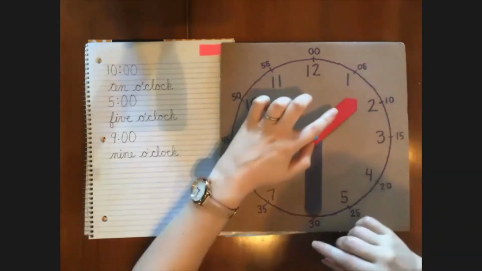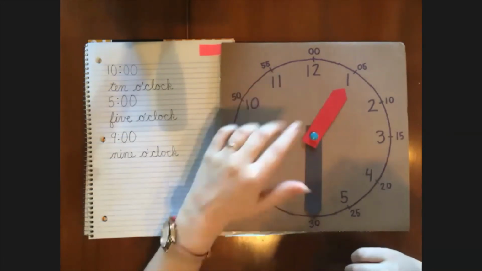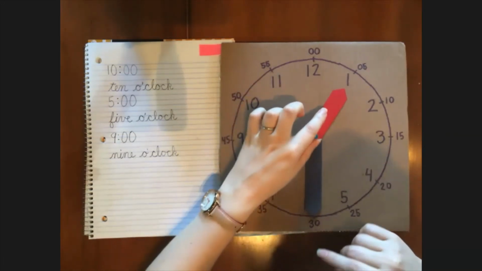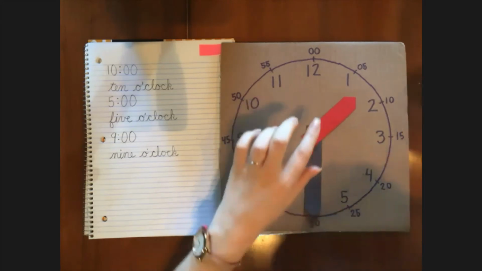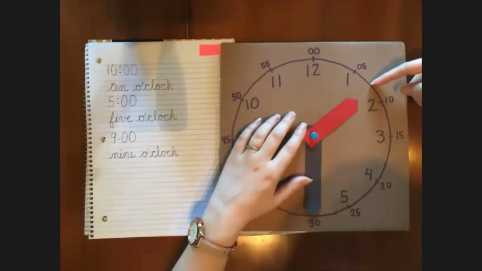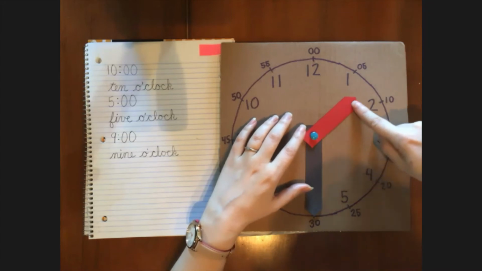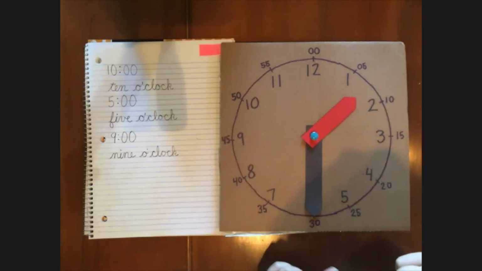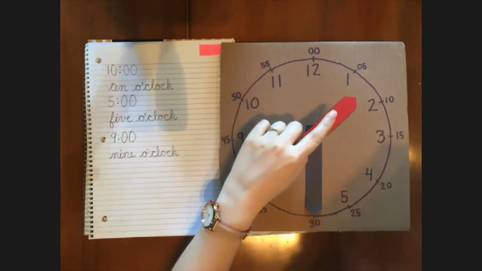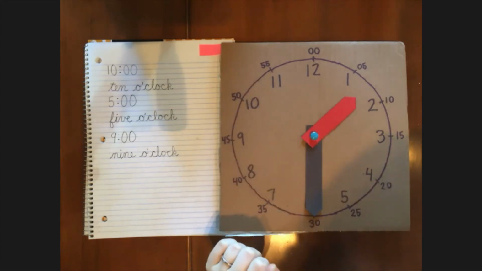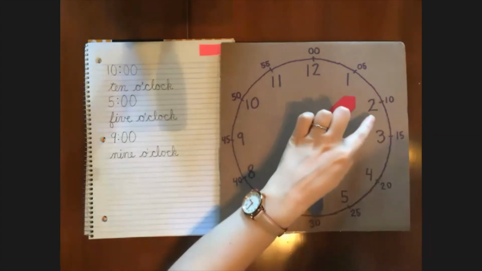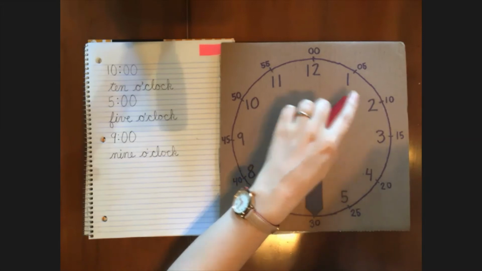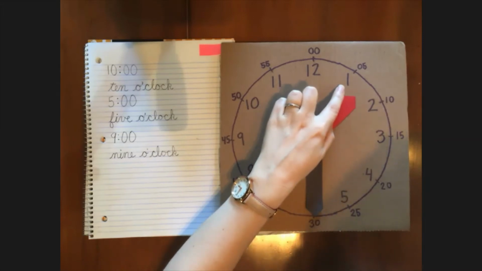So you might think that this is 1:30, but actually the hour hand has already gone halfway to the 2. So if you look in the middle of where these two numbers are, the hour hand is going to go right between. So this right now says 1:30, even though the hour hand is not touching the 1. It's also not touching the 2 yet. So it's still in the 1 hour.